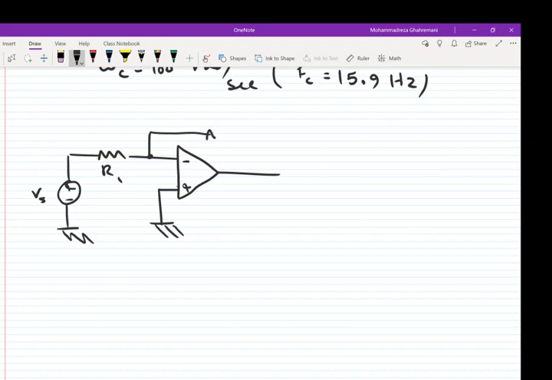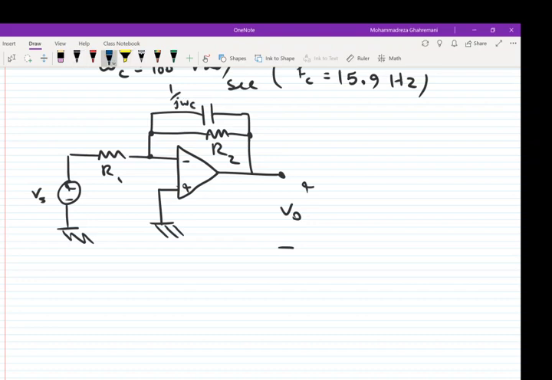The feedback consists of two elements, one resistor and one capacitor in parallel, and at the output we have of course VO. This resistor is R2, and the capacitor is 1 over j omega c.